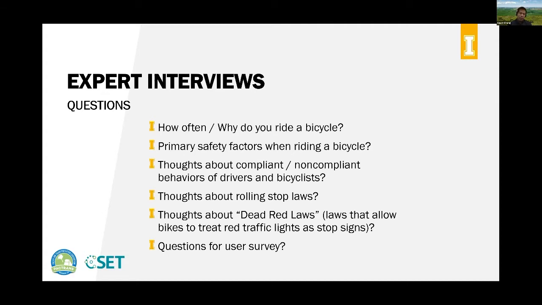What are your perspectives on the compliant, and perhaps the more frequently encountered non-compliant, behavior of both drivers and bicyclists? What are your thoughts about rolling stop laws? Are you familiar with those types of laws? What are your thoughts about what we call dead red laws? These are laws where the bicyclist can treat a traffic signal that displays the red indication as a stop sign.